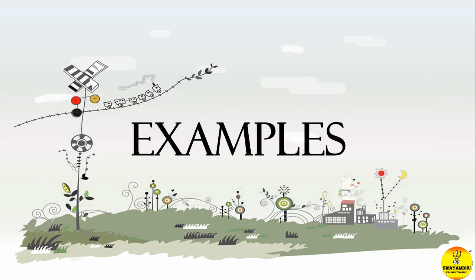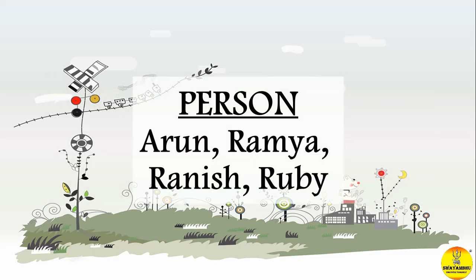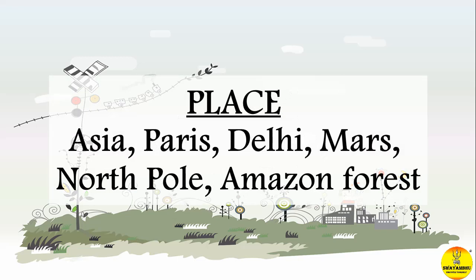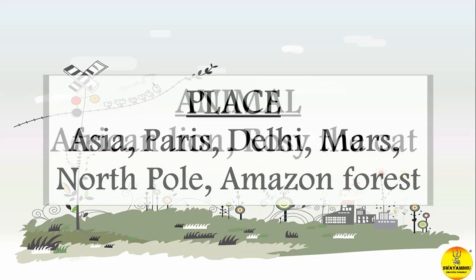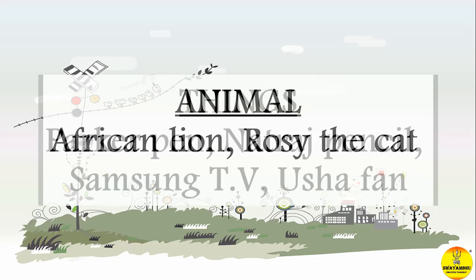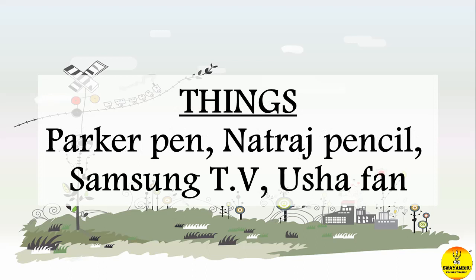Some more examples of proper nouns: person, Arun, Ramya, Ranish, Ruby. Place, as in Asia, Paris, Delhi, Mars, North Pole, Amazon forest. Animal, African lion, Rosie the cat. Things, Parker pen, Natraj pencil, Samsung TV, Usha fan.